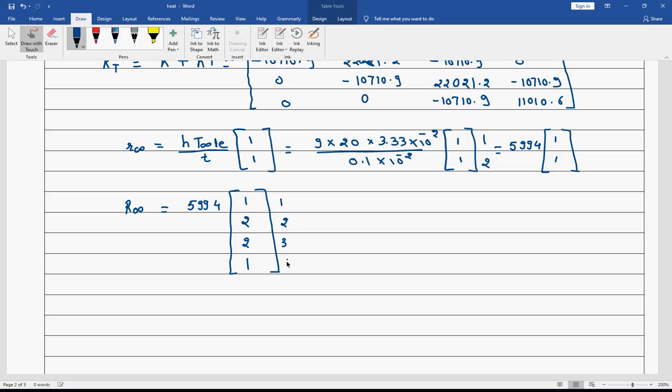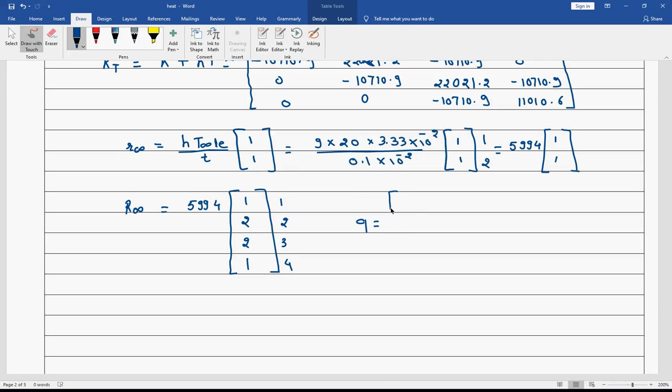1 2 3 and 4. Okay, now of course I will also have an applied load matrix, that is the Q matrix. I'm not using A anywhere. A I have assumed to be unity, and if it is given, neglect it, because already we have assumed that the thickness is very small and the cross-sectional area and the perimeter are cancelling each other.